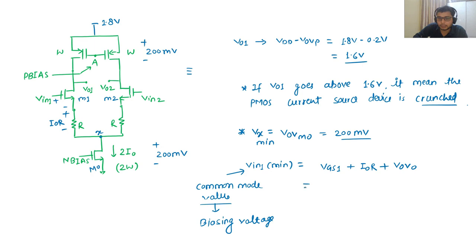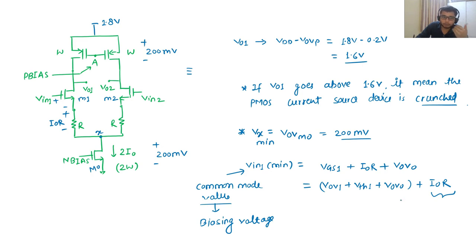So it nearly comes to V overdrive of 1 plus VTH of 1 plus V overdrive of 0 plus I naught R. So in DC we can see that this is an extra factor which is coming for this particular structure because of this resistor R. In DC analysis, this resistor takes the drop of I naught R, so the common mode is limited.